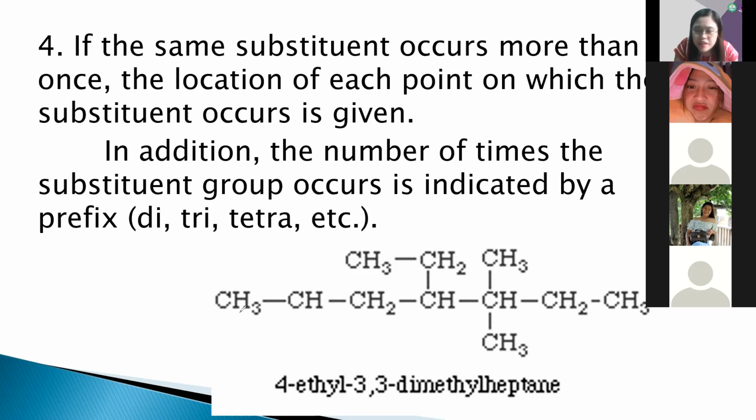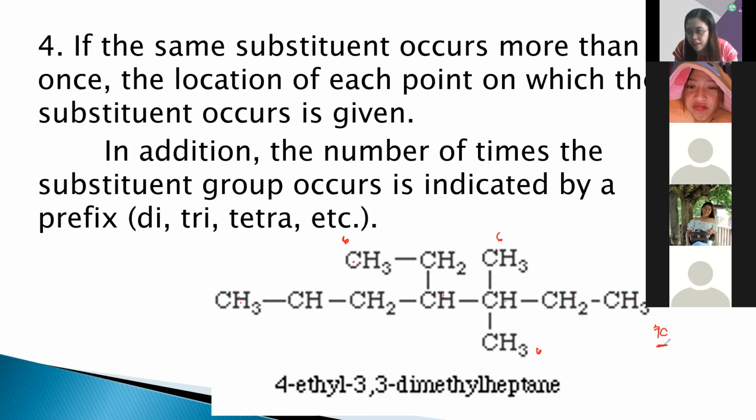If we do the straight line, 1, 2, 3, 4, 5, 6, 7. This is 7 carbon here. Pag try nating lumiko, 1, 2, 3, 4, 5, 6. This is 6 carbon. Lumiko ako ha pag ganyan. 1, 2, 3, 4, 5. Ay, sorry. 1, 2, 3, 4, 5, 6. Kaya 6 carbons ending here. 1, 2, 3, 4, 5, 6. That's also 6 carbon. 6 carbon sa taas.